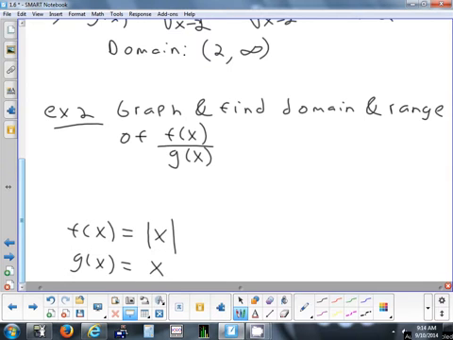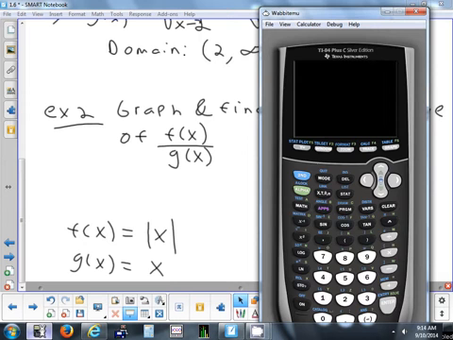Let's try this one. This time we'll use the calculator to help us out a little bit. Okay, we'll graph and find the domain and range of absolute value of x divided by x.